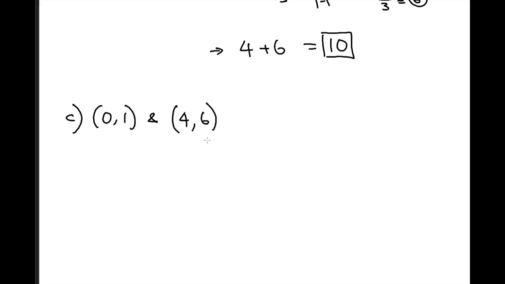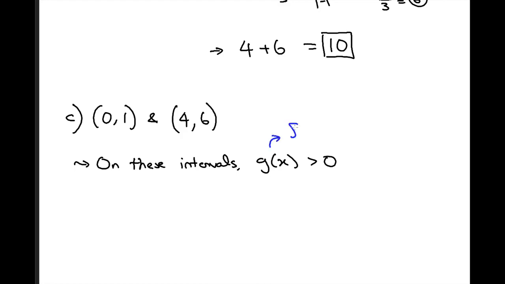But they ask us to explain why. So let's go ahead and explain. We can say that on these intervals, g of x is greater than 0, and remember, g of x represents f prime of x.